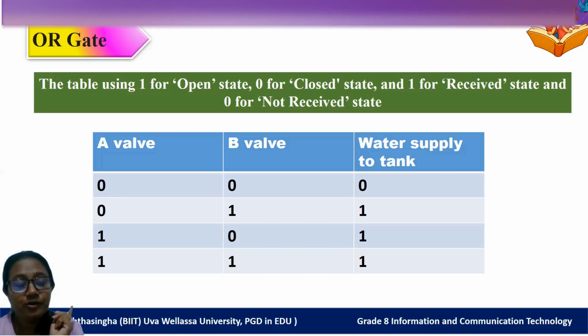Therefore, don't forget to do this. Take the pictures of today's note, only today's note, and upload it to our common Grade 8 ICT WhatsApp group with your name. This is the first task you have to do once I stop the class.